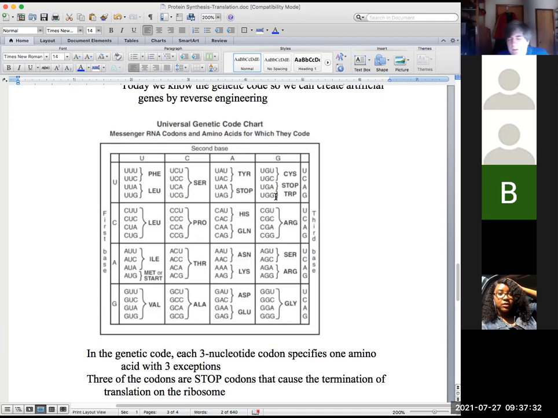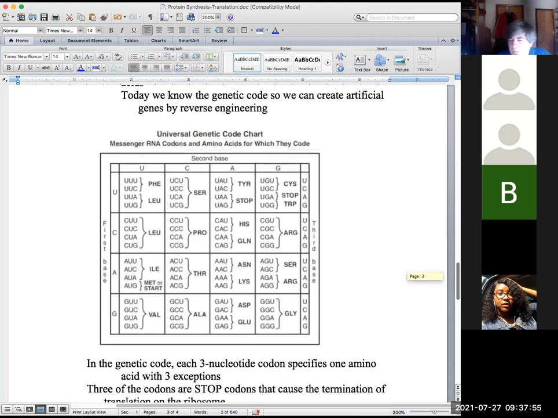So in the genetic code, each codon is one amino acid, but the code is redundant, which means there could be more than one codon for each amino acid. And there's a few of the codons, 3, that are stop codons and say, okay, this protein is over. Nothing else is going to go on here.